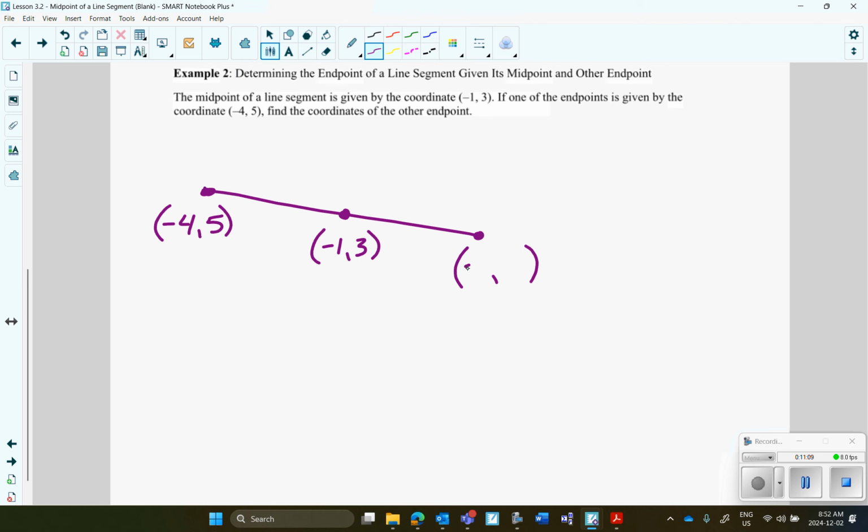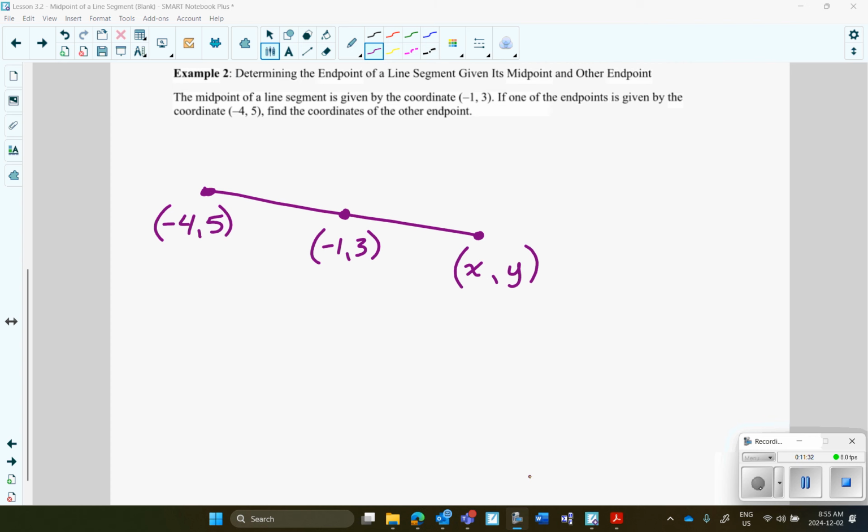the first number in a coordinate we always call x, and the second number we always call y. So what you can do is you make two equations. So imagine it's set up like this.